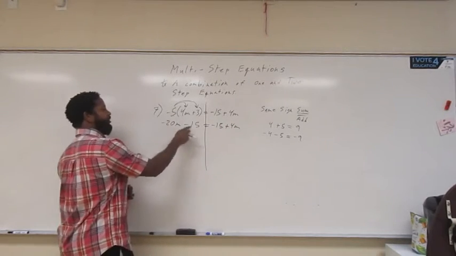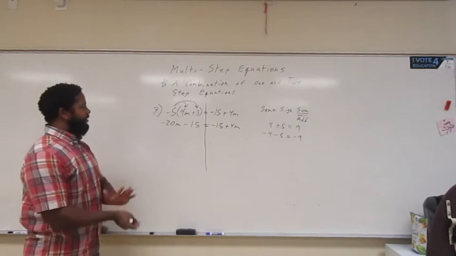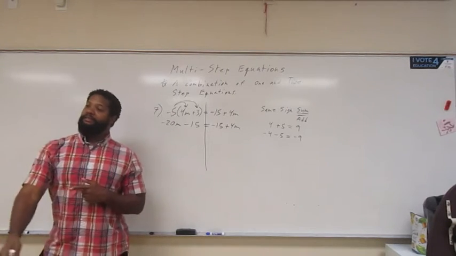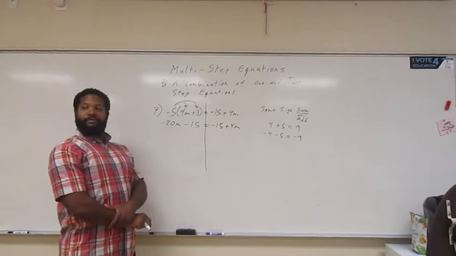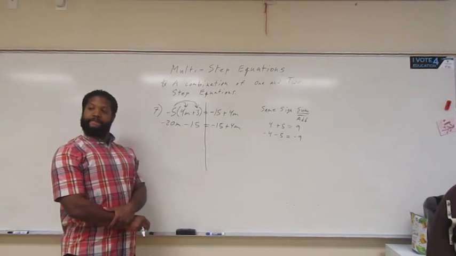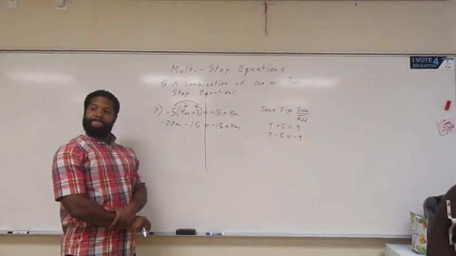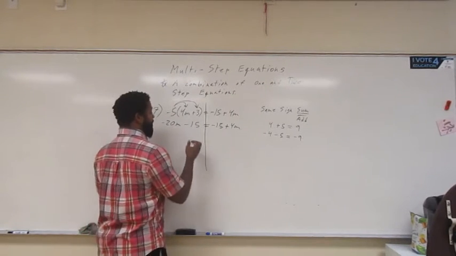All right, we have 2 terms on either side. Wait, I have a question about this. We have a -15 and -15 on the other side, right? If we do plus 15 and we get rid of that, can we get rid of the other one too? Because whatever we do on one side, we do to the other, right?